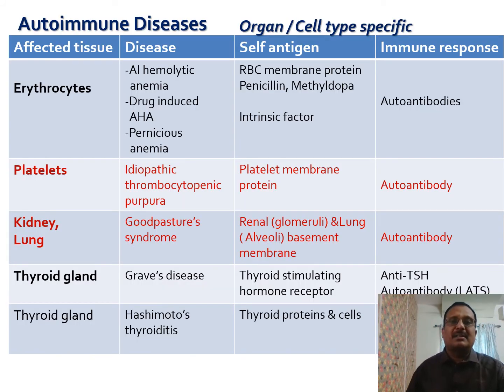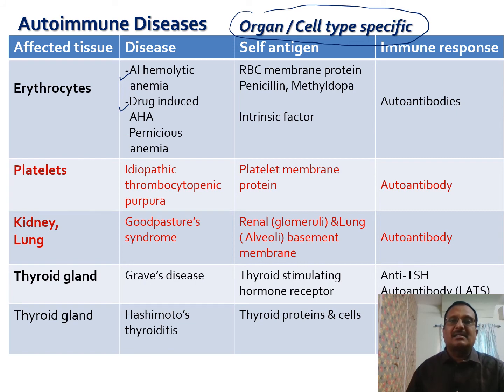Then, autoimmune diseases: there are varieties of diseases. First, we will discuss organ and cell type specific autoimmune disorders. Say, for example, in autoimmune hemolytic anemia or drug induced autoimmune hemolytic anemia, the erythrocytes get affected.